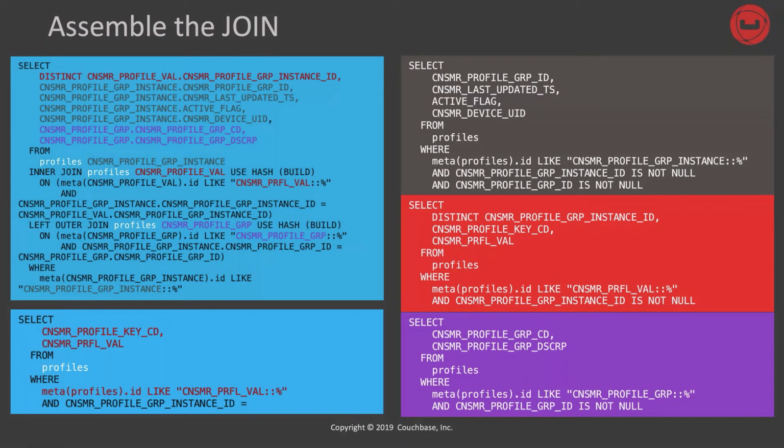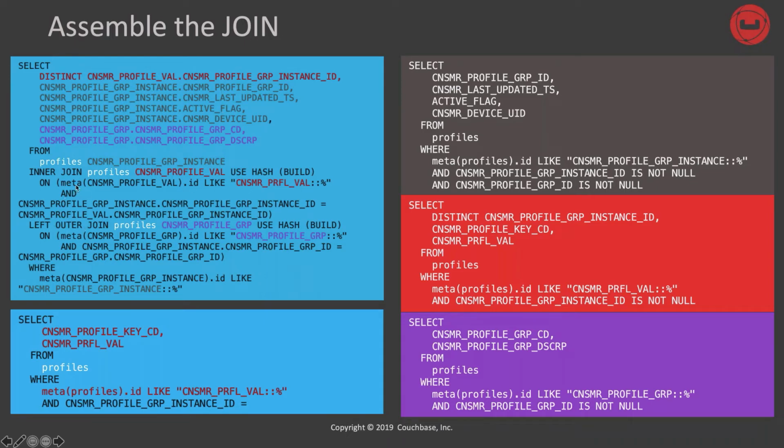And so after we've got the indexes, we can then assemble our nickel join, which is bringing all of this stuff back together with the associated changes that we've made. You see I've highlighted the profiles here. I've highlighted the different projections here from the other queries.